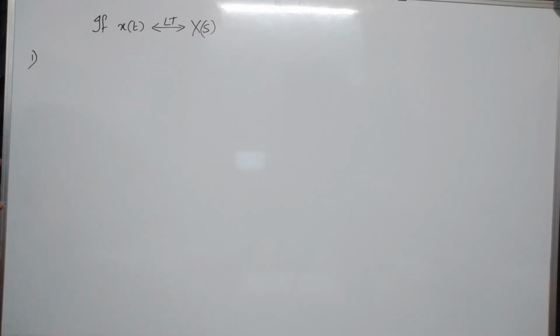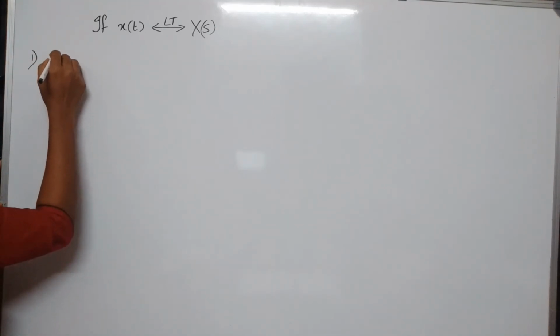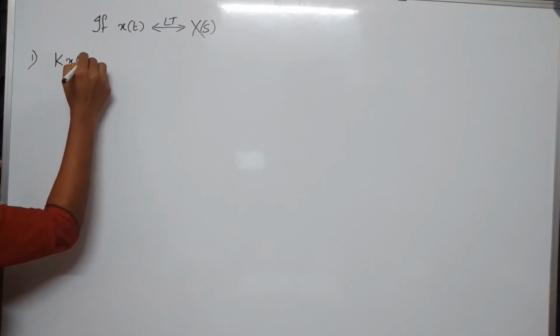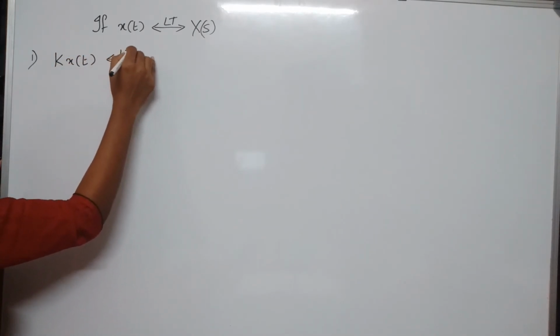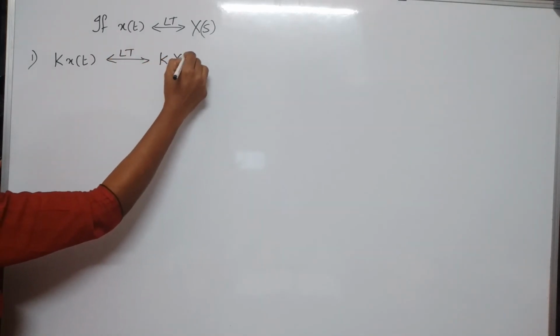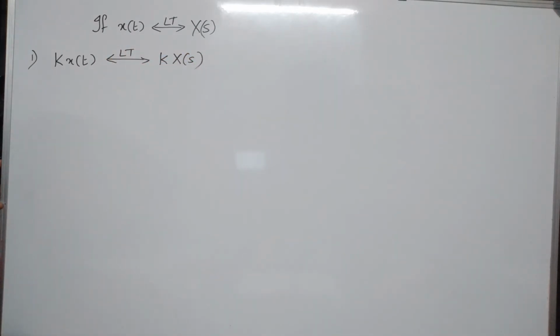The first property was multiplication with a constant. Then k into x of t has Laplace transform k into X of s. That was the first property, multiplication by a constant.